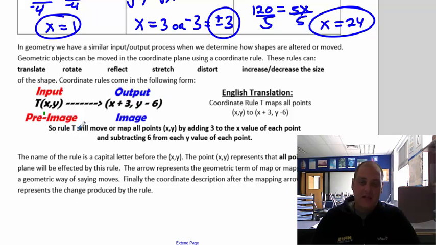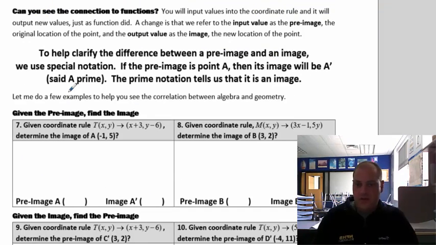So rule T will move or map all points (x, y) by adding 3 to the x and subtracting 6 from the y. You're going to take the original (x, y), add 3 to the x, subtract 6 from the y. That's what this means. And we're going to do that on the next page so you can actually see it better.